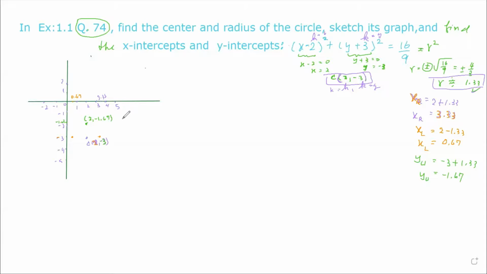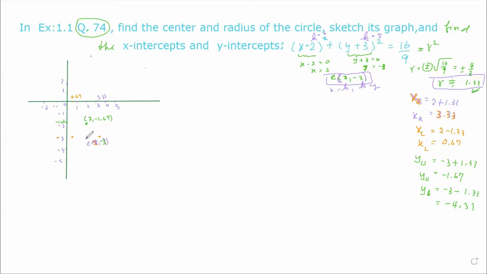After going up, now you have to find the radian going down, Y going down. Y is negative 3 here, correct? When you go down, you have to minus the radian 1.33. So negative 3 minus 1.33 becomes -4.33.